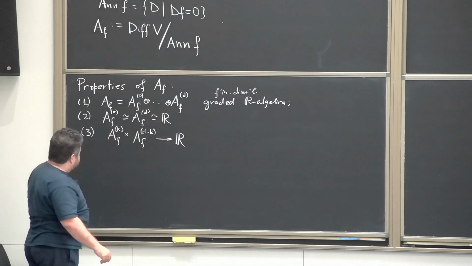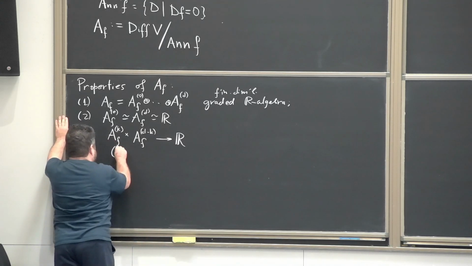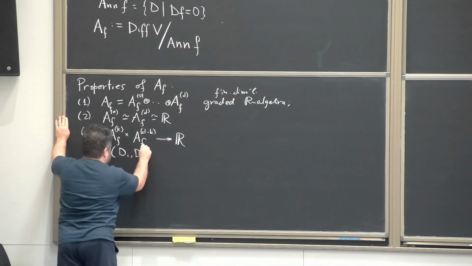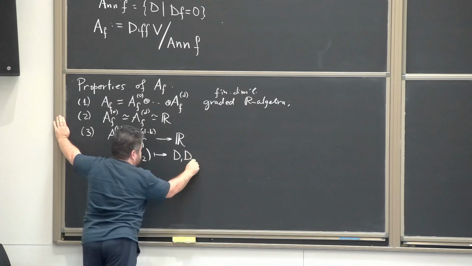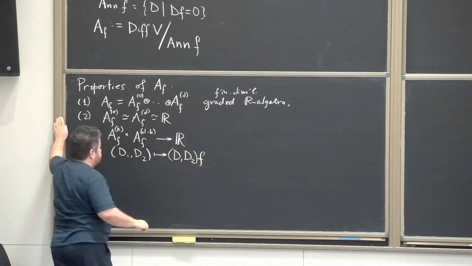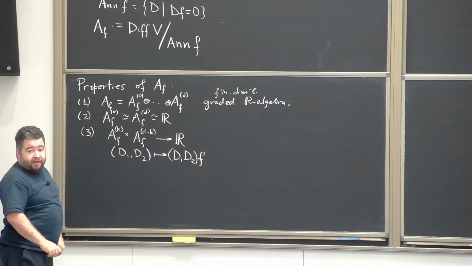The pairing sends D1, D2 to D1 D2 applied to f. This is a non-degenerate pairing.